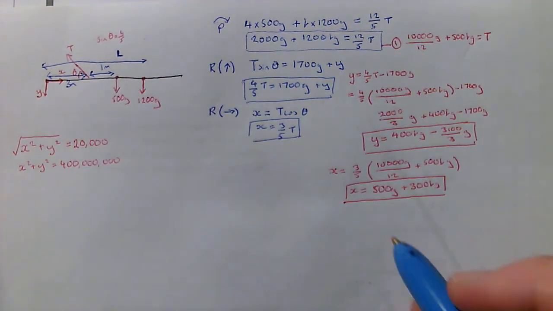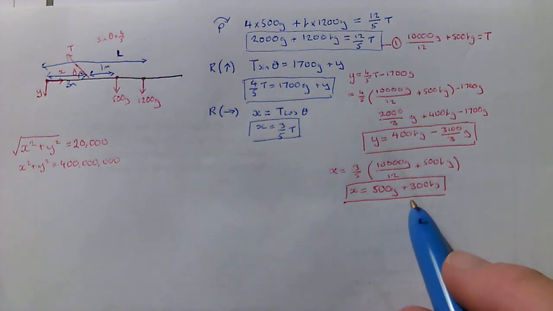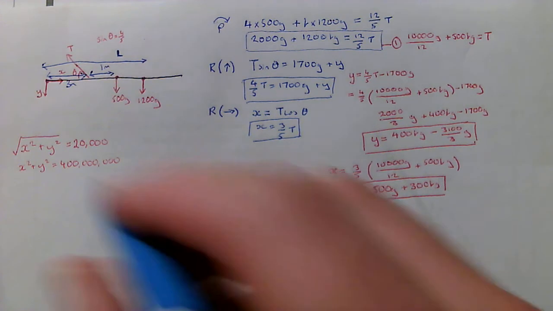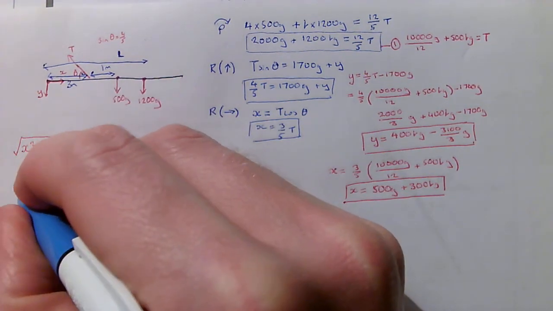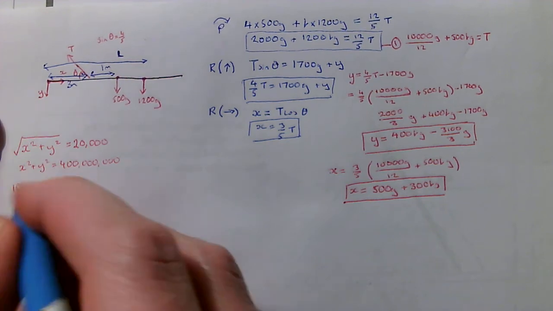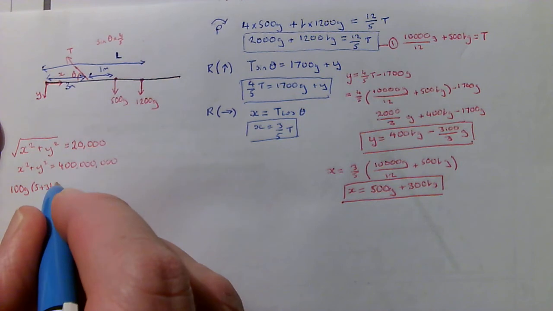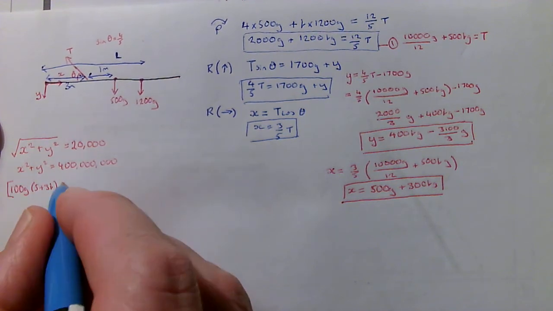So substituting in, I'm going to take 100G out of the bracket. So I've got 100G, lots of 5 plus 3L, and that's all squared.